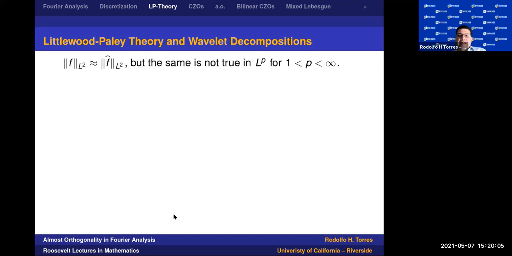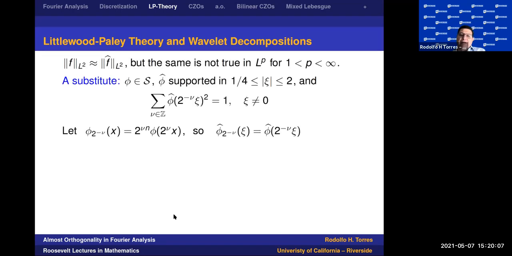Okay, so these lead to Littlewood-Paley theory and wavelet decomposition. And the situation is the following. The Fourier transform has a very important property: it is essentially an isometry. It's not quite so for the way I defined the Fourier transform, there is a 2 pi that we had to pay for, but other than that, it's essentially an isometry in L2.